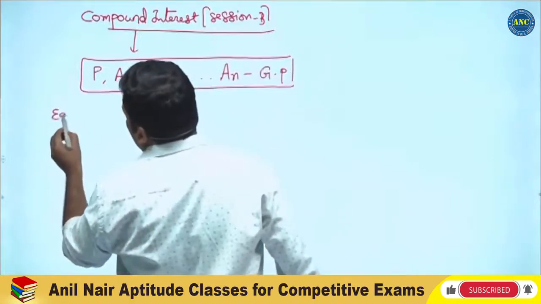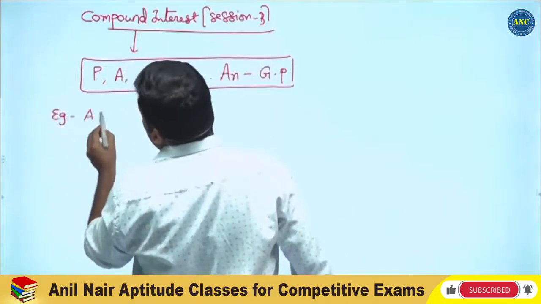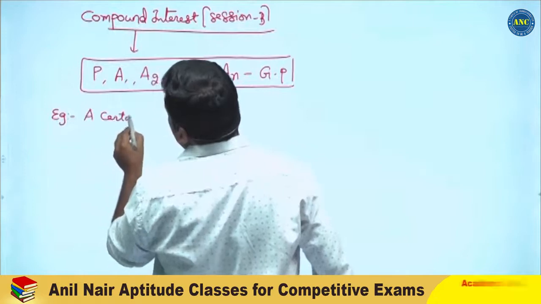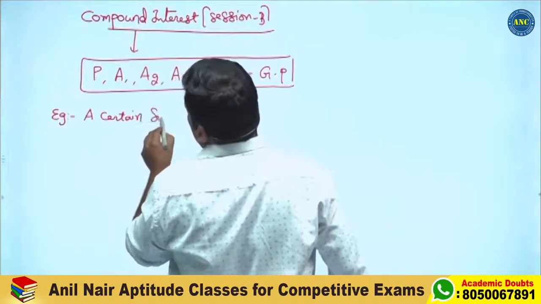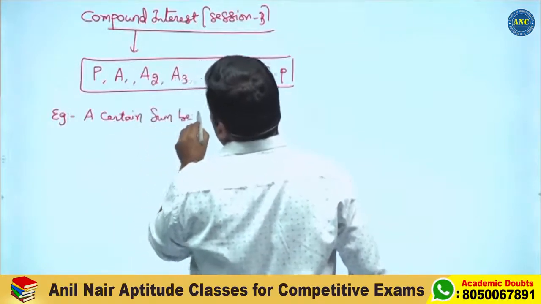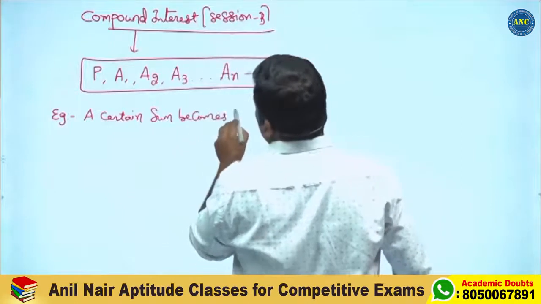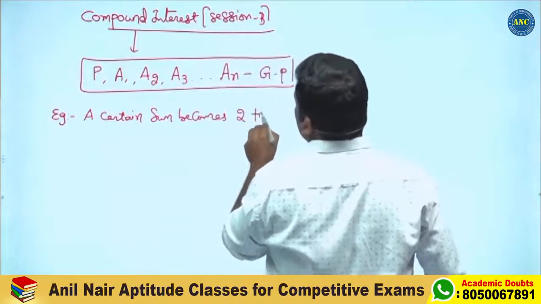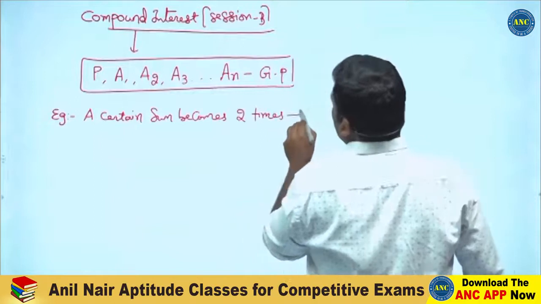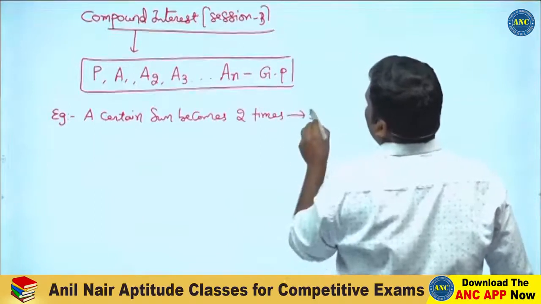Example. A certain sum becomes 2 times in 5 years.